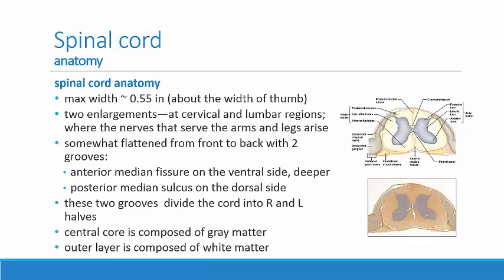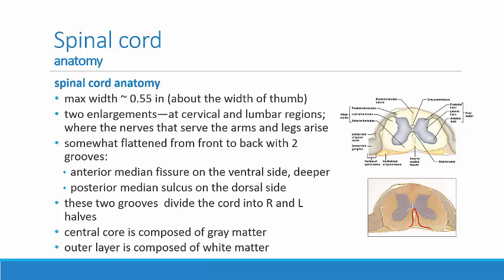It's somewhat flattened dorsoventrally, and on the anterior surface there is a deep fissure right there, and on the dorsal side there is a sulcus up here.